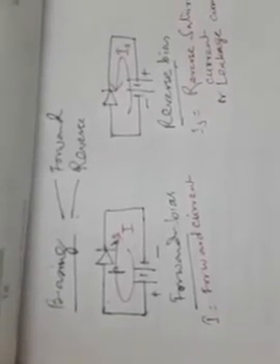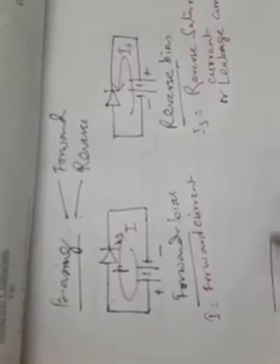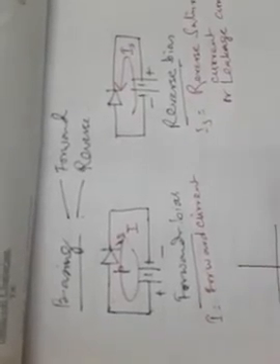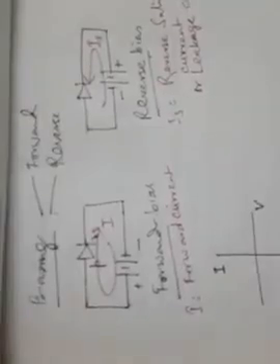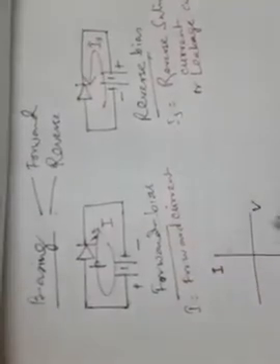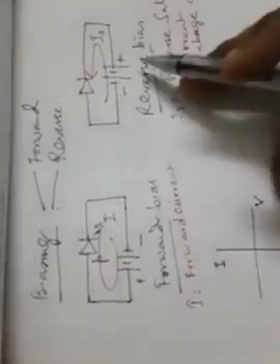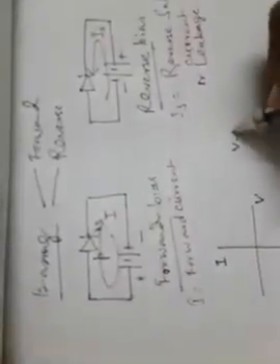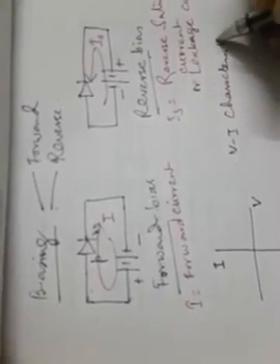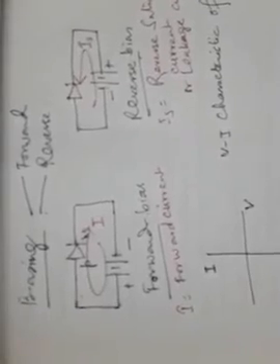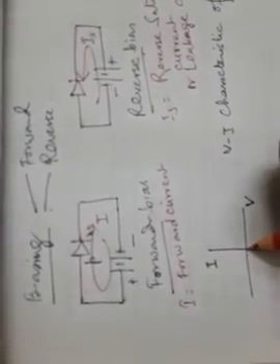Now if we plot the voltage across the diode V and the current through it, based on the forward bias and reverse bias conditions, which is called the VI characteristic of the diode, then for the forward bias condition we will see that there is a small voltage.